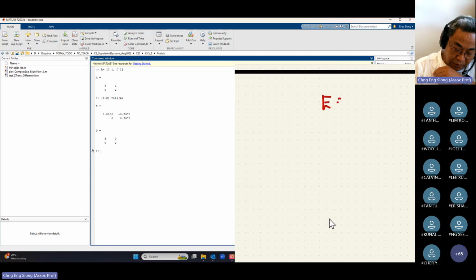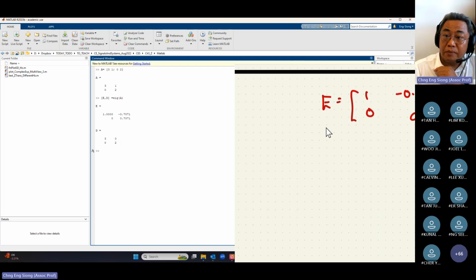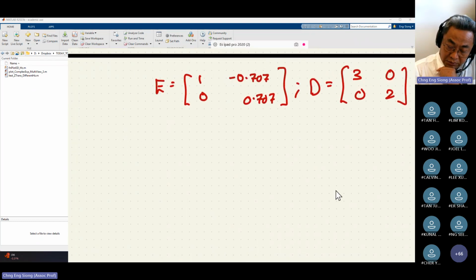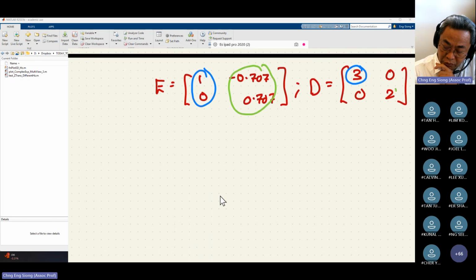So E is equal to 1, 0 and minus 0.707, 0.707. D is 3, 0, 0, 2. So it means that our friend here has the eigenvalue 3, and the other friend here has the eigenvalue 2.